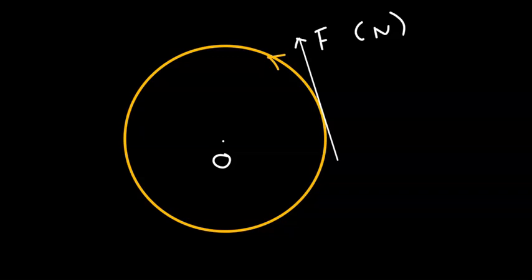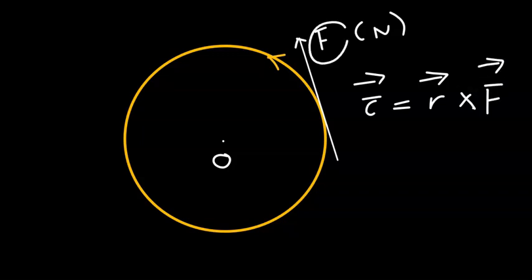So what is this torque? A torque is written with the letter tau, and it is defined as a cross product of two vectors. The first is a position vector, which we'll define in a minute, and the second is the force vector, that is this one.